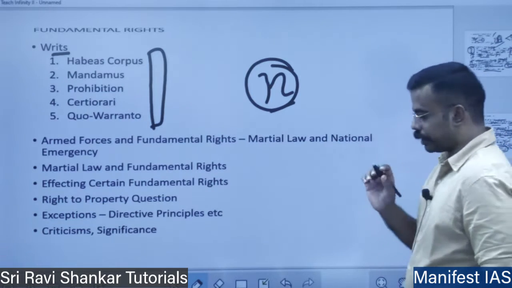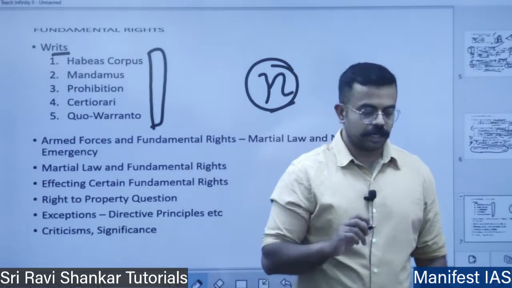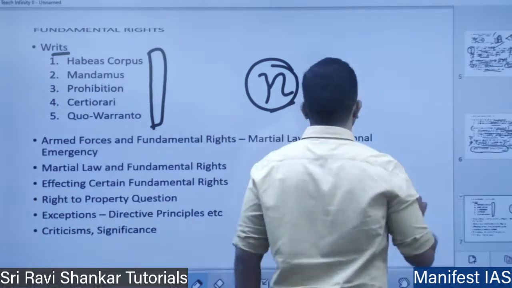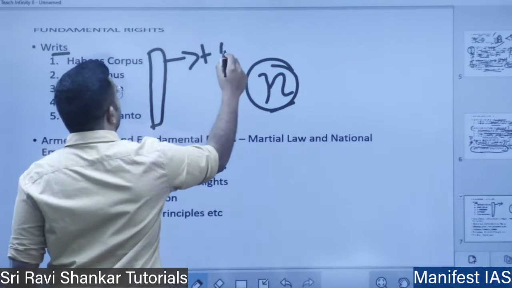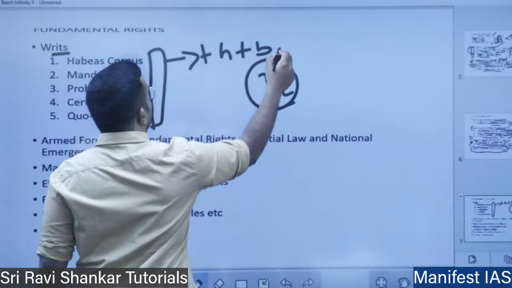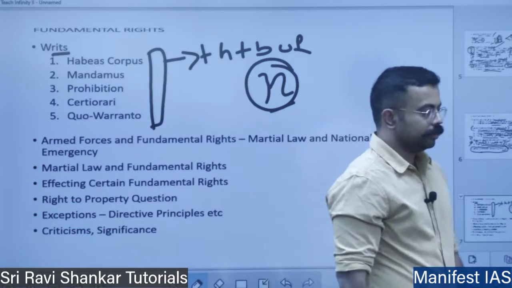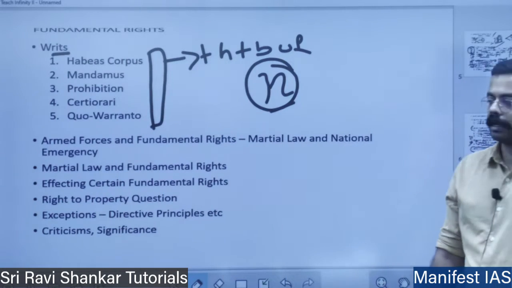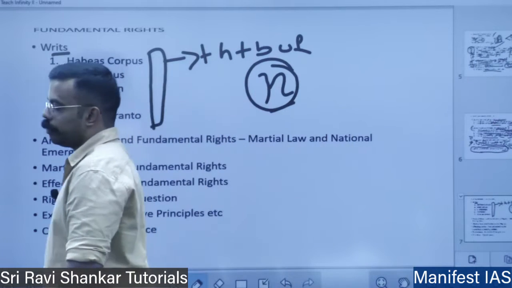So what is habeas corpus? Habeas corpus means to have the body of. Suppose your friend or some relative is kidnapped or taken forcefully by some private individual or the police.